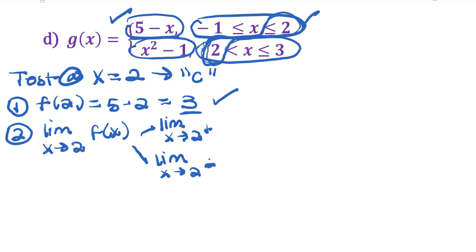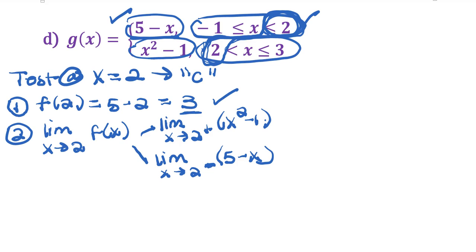So we have to figure out which of our layers is the positive direction and which is the negative direction. Values coming from the negative direction would be smaller than the value in question. So that's going to be our top layer. So 5 minus x will go down here, and that means x squared minus 1 will go up here, coming from the positive direction.